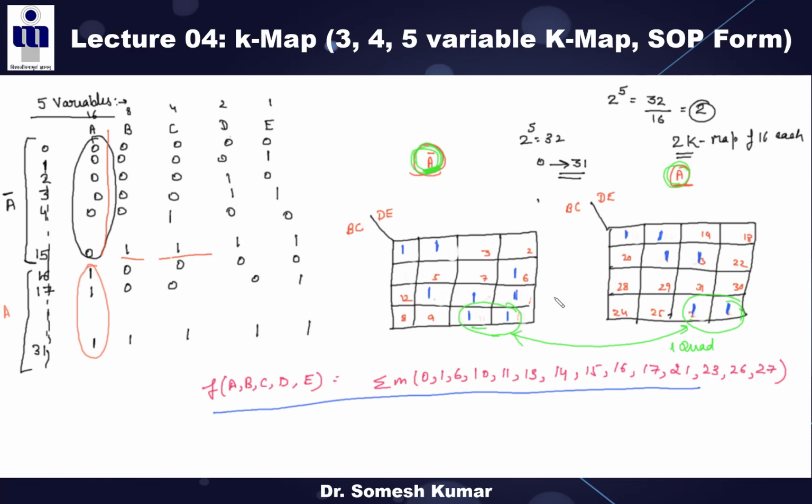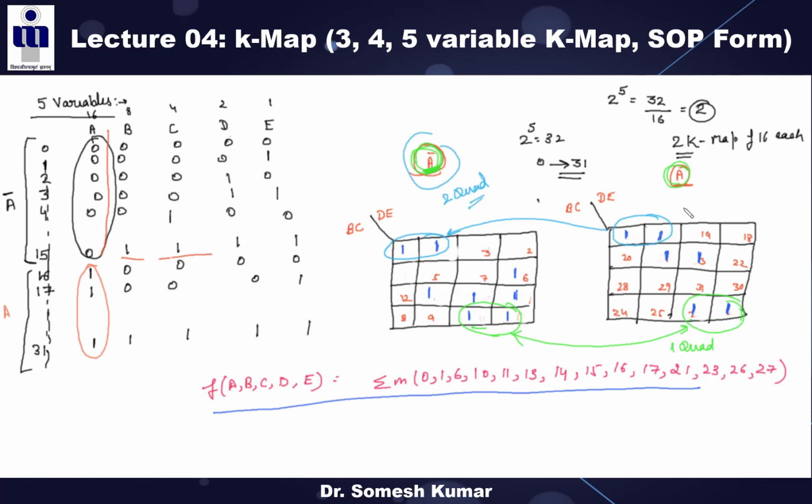Clear? Similarly, what is the second quad? This one and this one is your second quad. Clear? Both are at the same position, but the difference is only one bit.